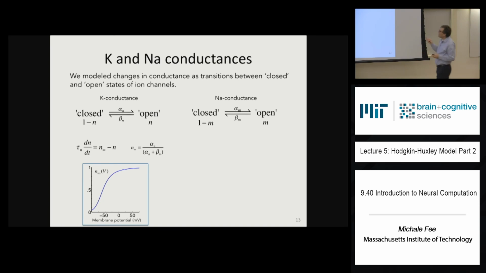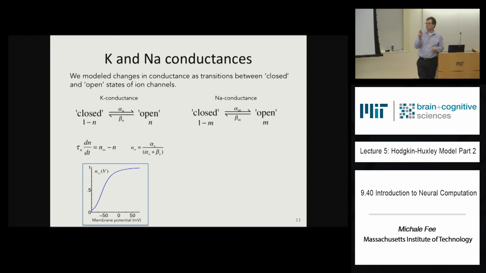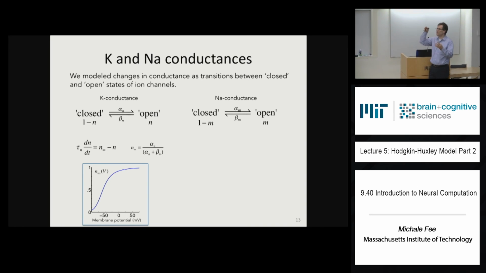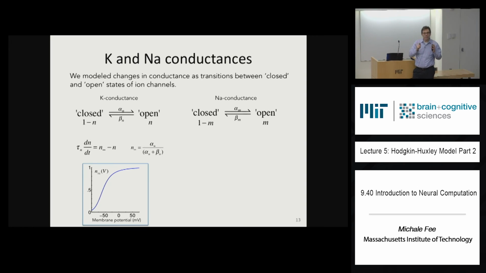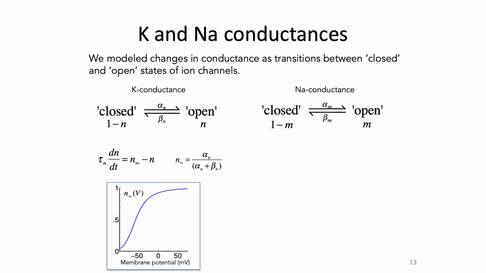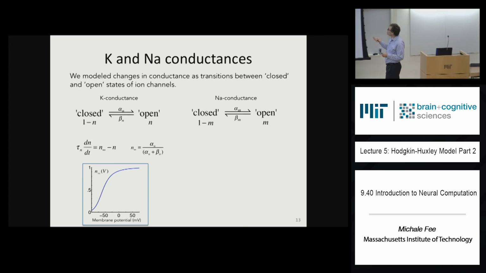Sodium looks exactly the same. The sodium conductance can be modeled as having 2 states, an open state and a closed state. Remember, if we did a patch recording on a single sodium channel, you could see that it flickers back and forth between open and closed. So we can model that process in exactly the same way that we did for the potassium conductance. We have an open state, a closed state, and a probability m of being in the open state.